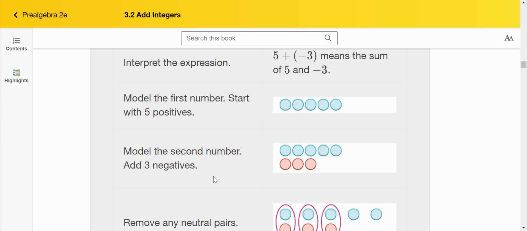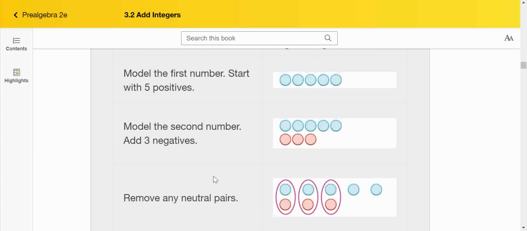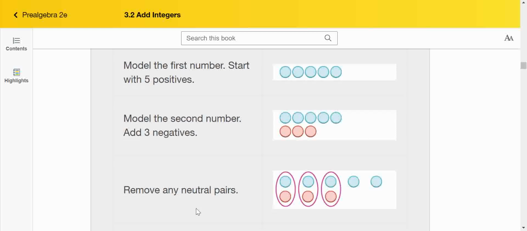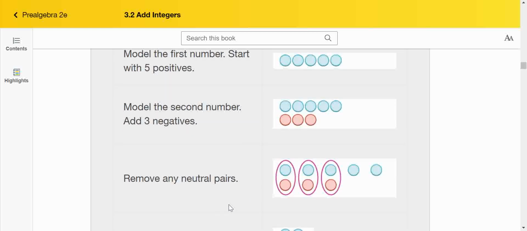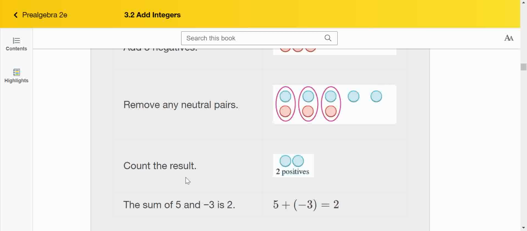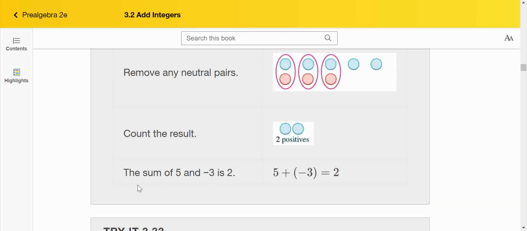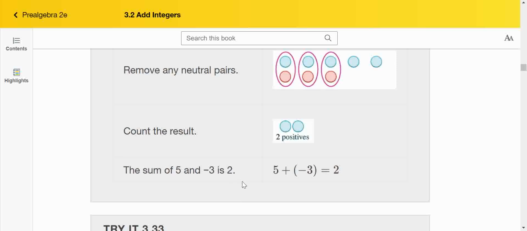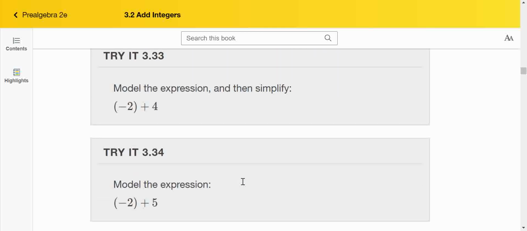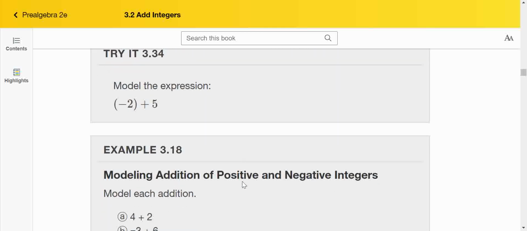Add 3 negatives. And you can see again, we neutralize pairs. That is, they add up to 0. Remove any neutral pairs. Count the result. And we have 2 positives. The sum of 5 and negative 3 is 2. Positive 2. We have a try it problem.